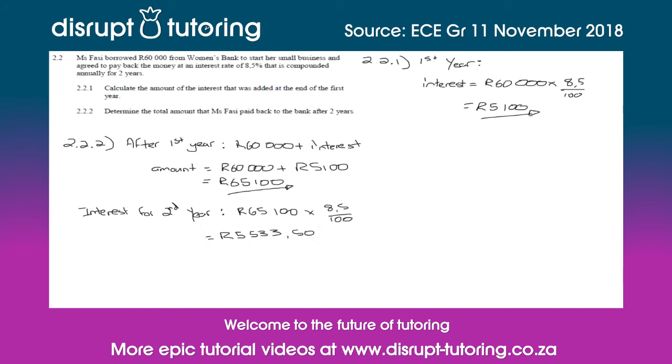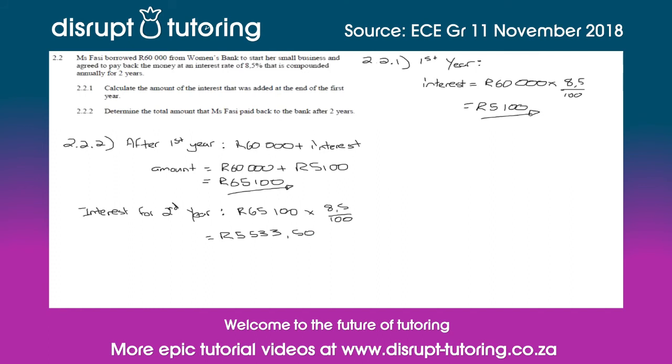So now we need to add this interest to the amounts that we have accumulated at the end of the second year. So we know at the end of the first year it's this much, and then at the end of the second year we need to take that amount and add the interest we calculated for the second year.